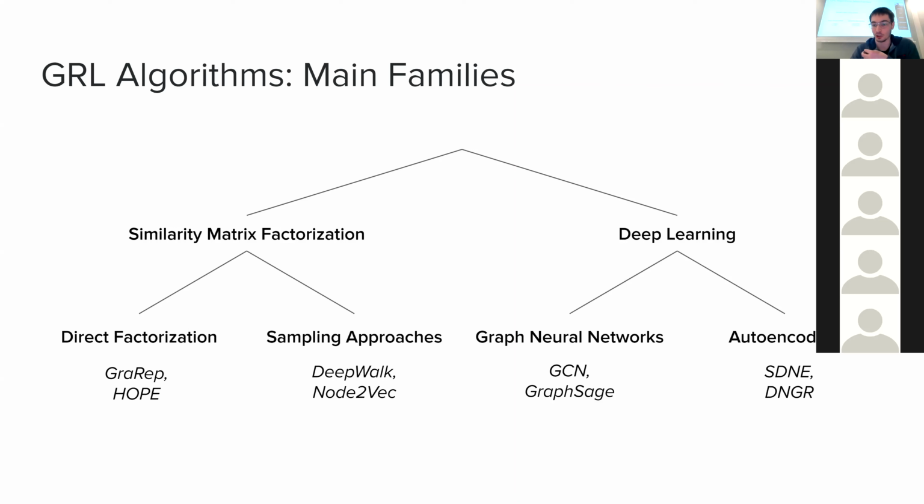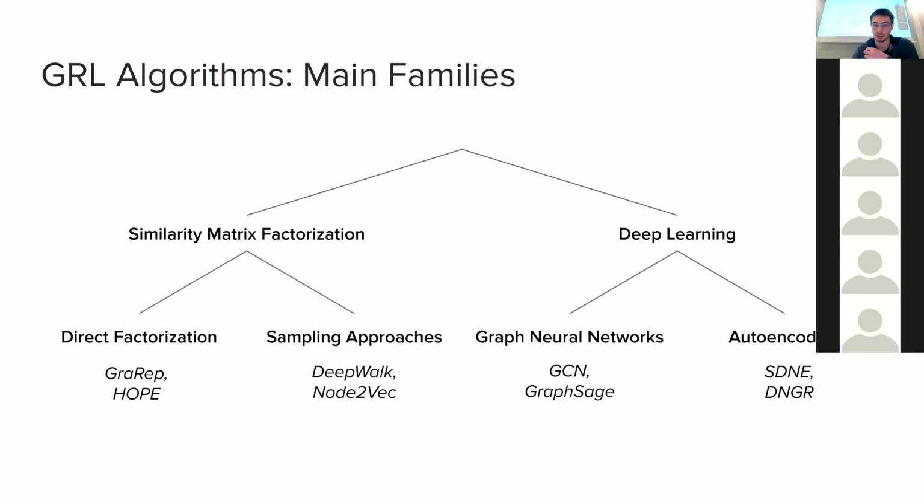But before going to Vanjus, who has another question, given that we are here, I will just very quickly say that here we have two main families of techniques. On the left, those based on similarity matrix factorization, and on the right, deep learning. The ones on the left are typically transductive. They produce one embedding for each node, while the ones on the right, based on deep learning, learn a function, which is typically a set of weights in a deep learning model, that can produce the embedding starting from some feature or some information.